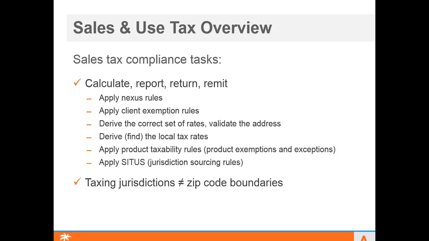There are classic examples of somebody next door being in one tax rate versus another because of a special taxing jurisdiction, or across the street is a different city. So basing any of your taxing jurisdiction just on zip code can get you into trouble.